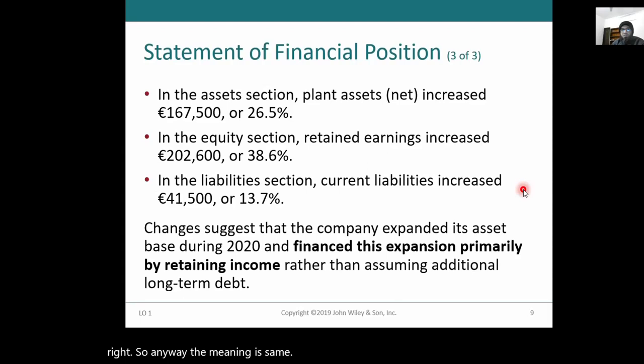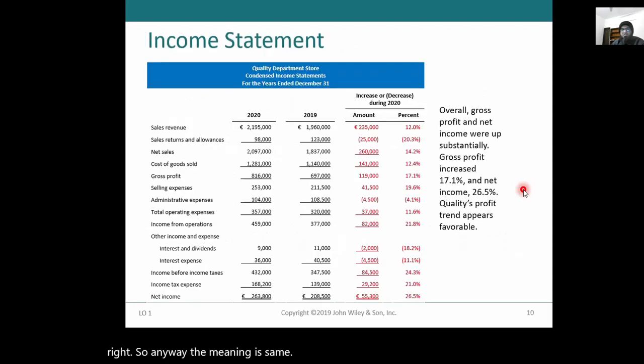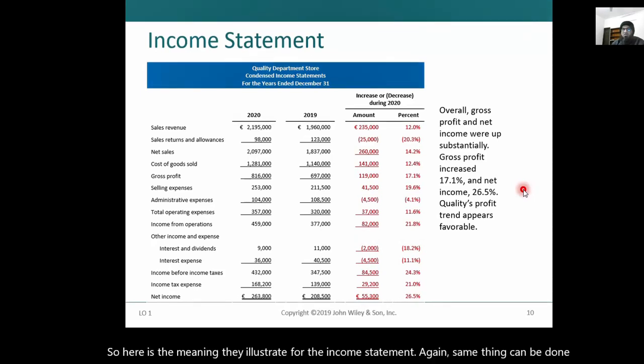So here is the meaning they illustrate. For the income statement, again, same thing can be done for the income statement as well. So sales have increased by 12%, you can see, but sales returns and allowances have been increased by another 20%. So the net sales have increased by 14%, right?